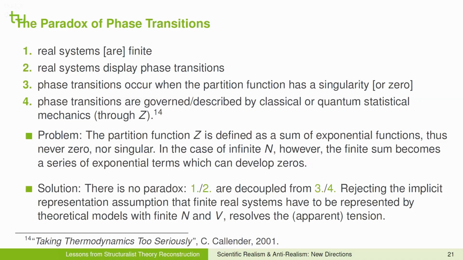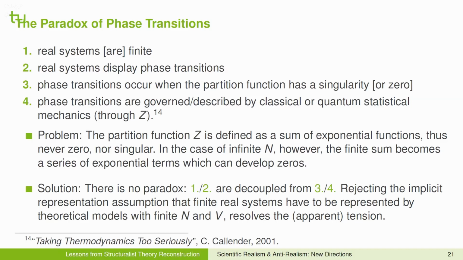We simply need a representation assumption that does not lead to a case where an infinite model cannot represent a finite system. With the concept of representation that I mentioned earlier, we can have this, and so we can avoid the paradox of phase transitions.